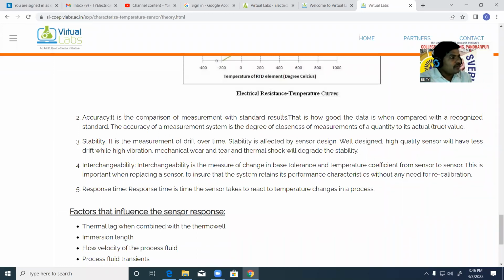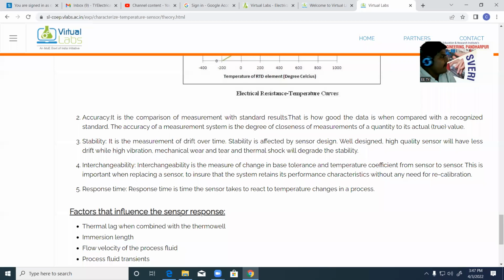So a more stable sensing device has less drift, while high vibration, mechanical wear and tear and thermal shock will degrade the stability. Okay, so vibration of that system equipment, mechanical wear and tear, as well as thermal shock will degrade the stability of that device.